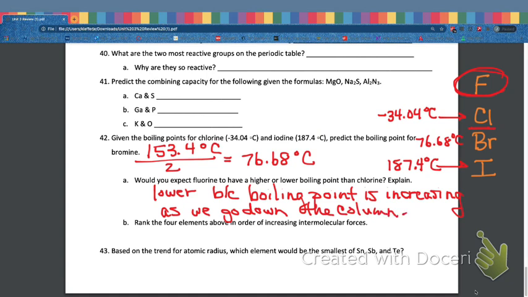Okay, so intermolecular forces, higher boiling point, stronger forces. So that means we're going to have to go fluorine, chlorine, bromine, iodine.